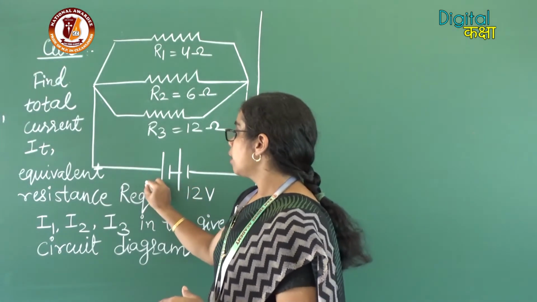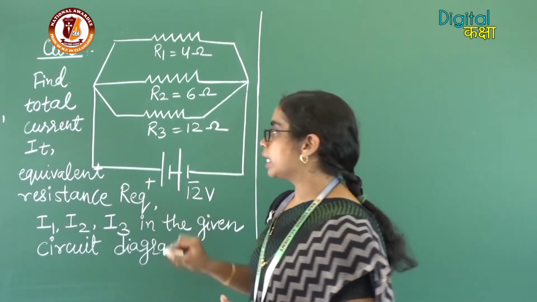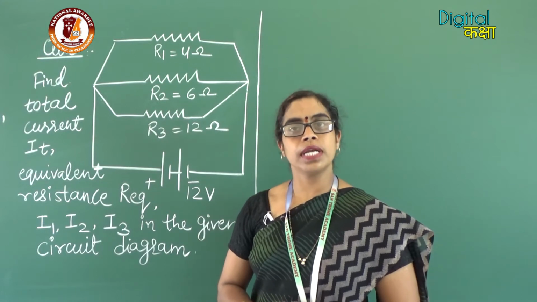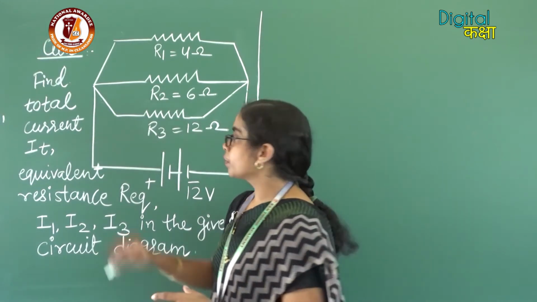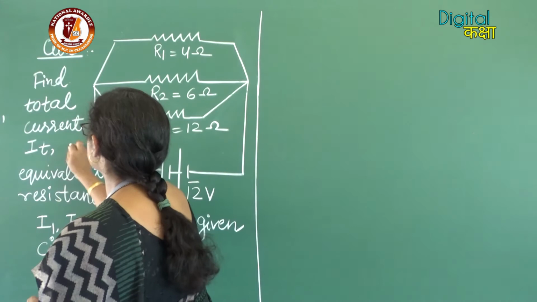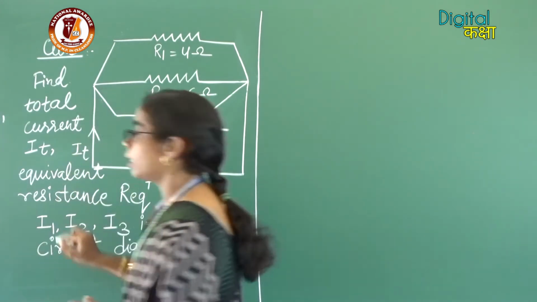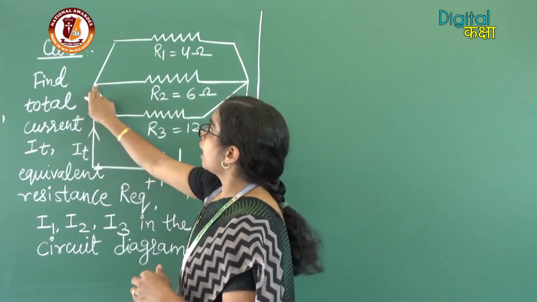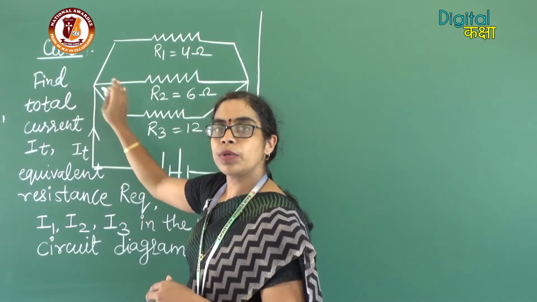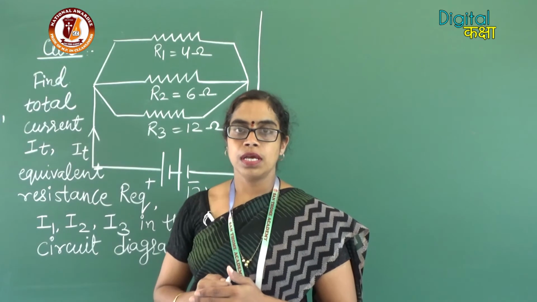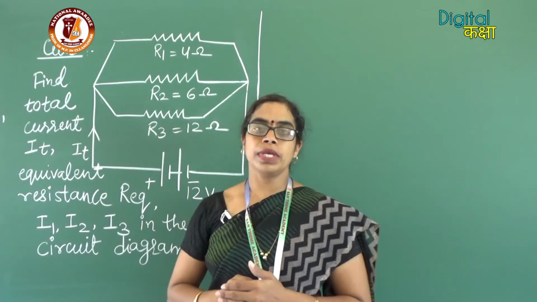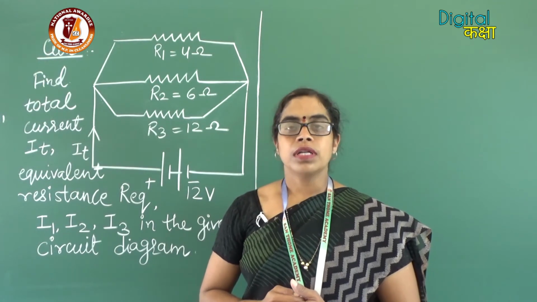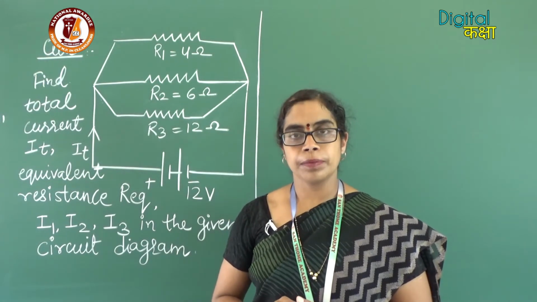As we know that the direction of the current in the circuit is always from the positive to the negative terminals of the battery. So, this is the total current IT which is drawn from the battery. This IT at this point will be distributed into the 3 parts, as in the parallel combination we know that all the resistors receive the different values of the current.